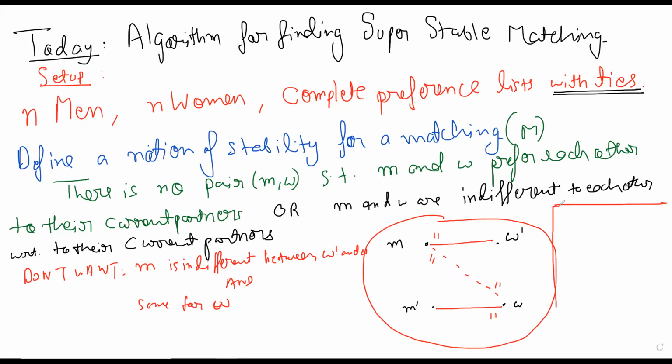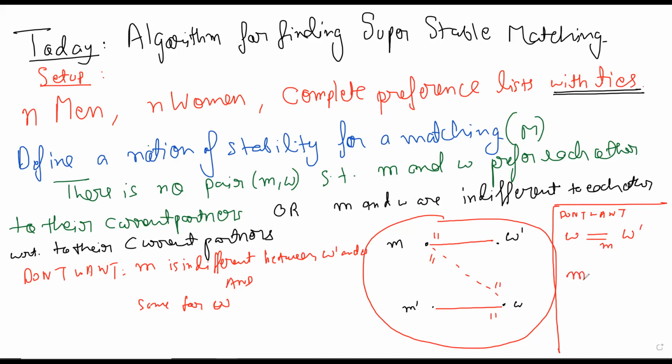What we also don't want is this: for M, W and W prime, M is indifferent between his current partner and W, and W benefits from leaving. Then obviously we'll call this also unstable.